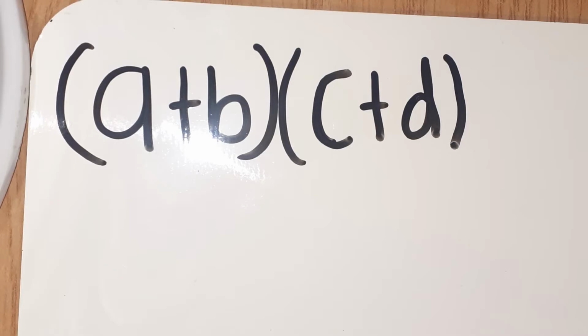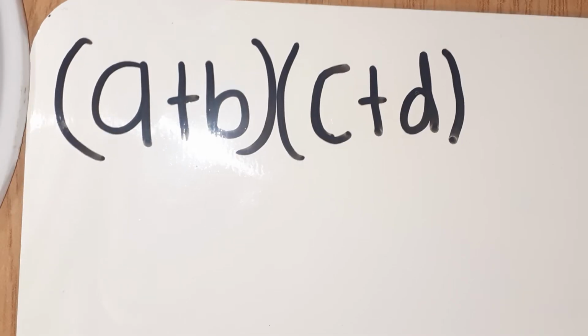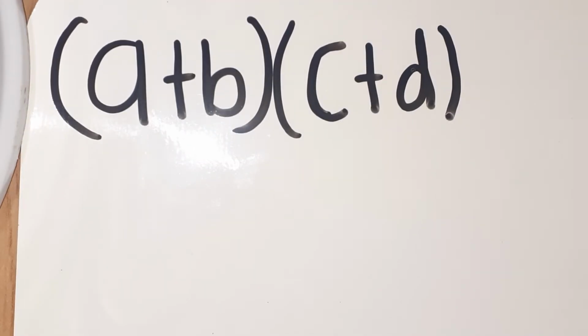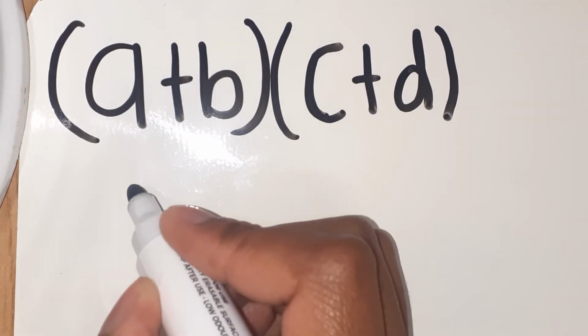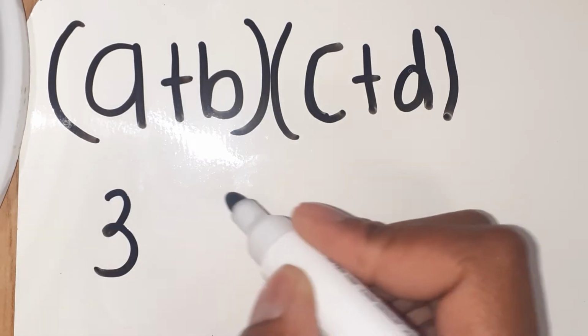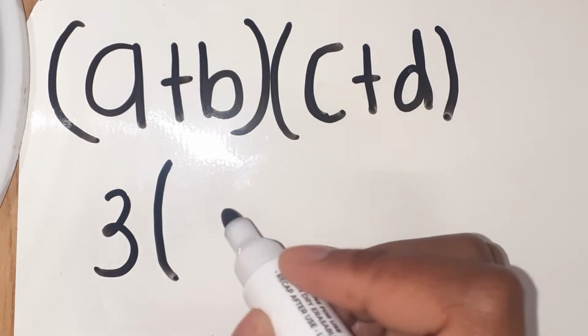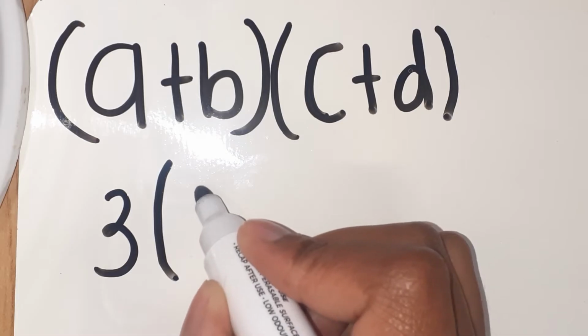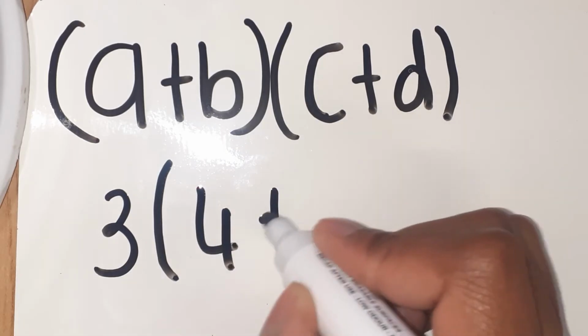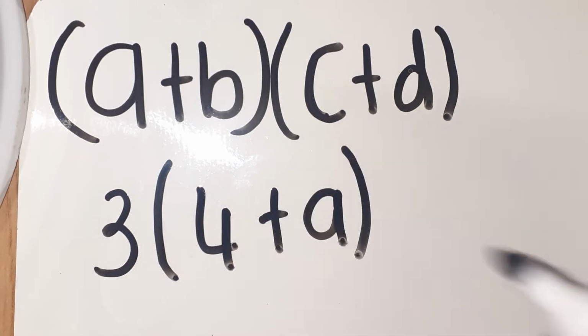Okay, now we are going to be dealing with distribution law, when you have two brackets multiplying against each other. So we can start by saying, let's say we have 3 outside and inside you have 4 plus a.